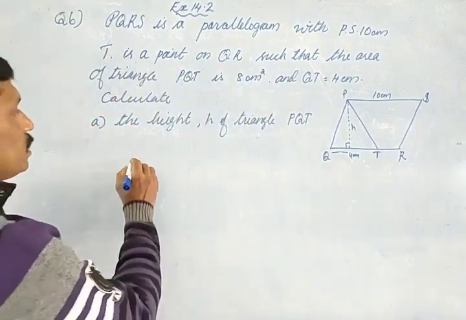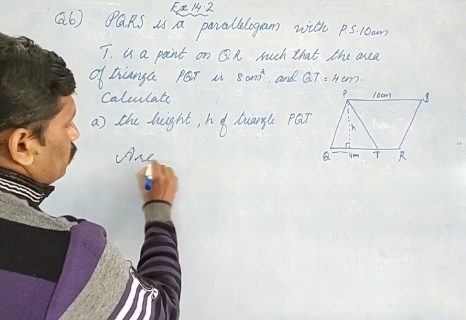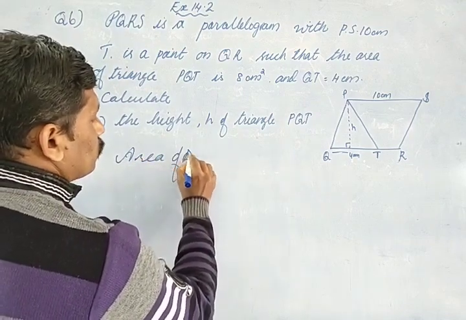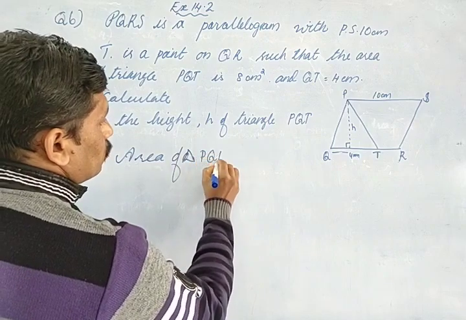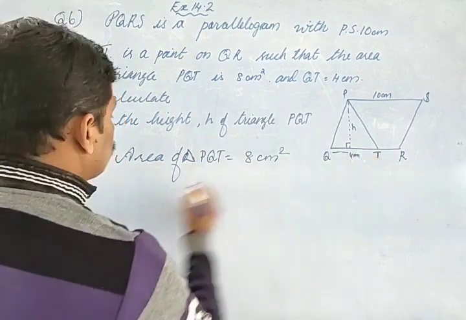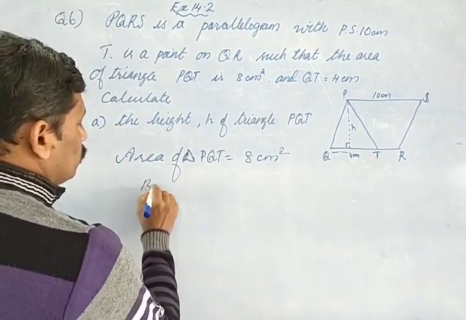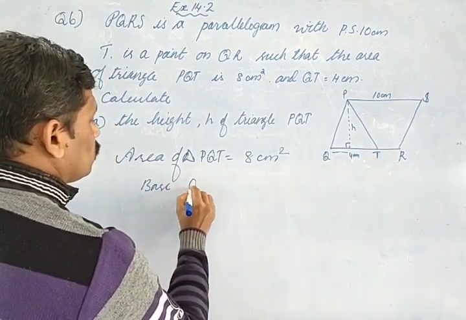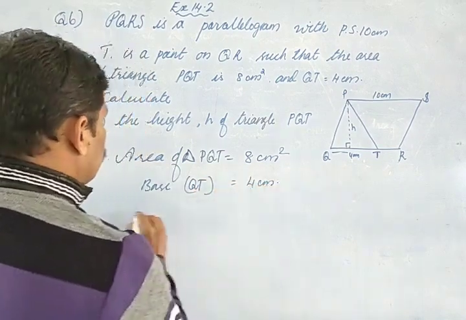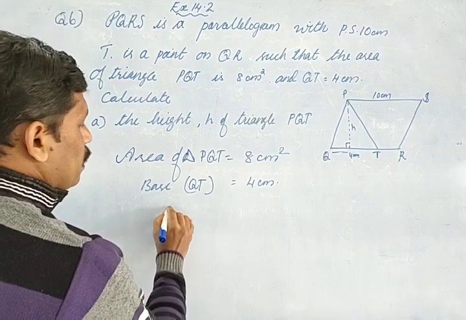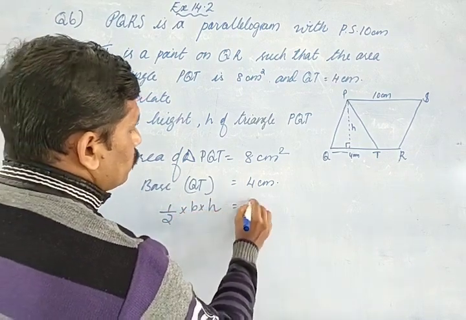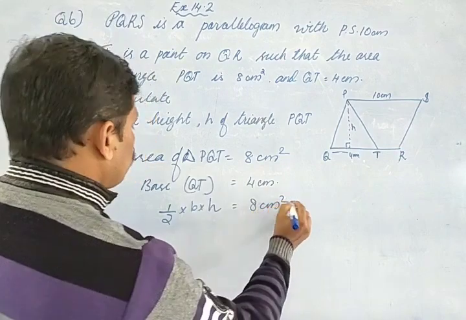Already given in the question, the area of the triangle is 8 centimeter square and its base QT is equal to 4 centimeter. Therefore, the area formula: half into base into height is equal to 8 centimeter square.